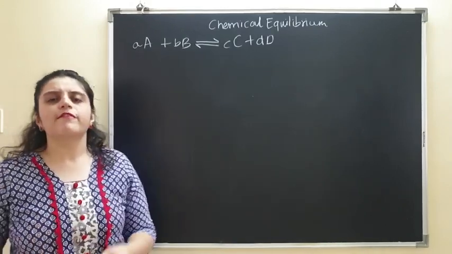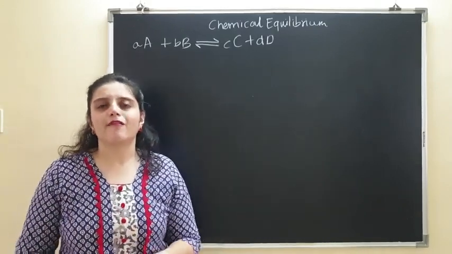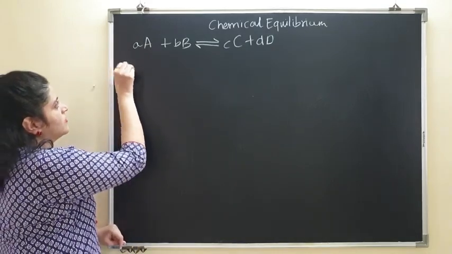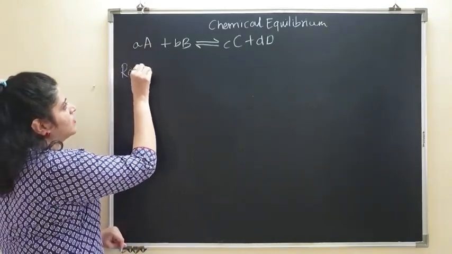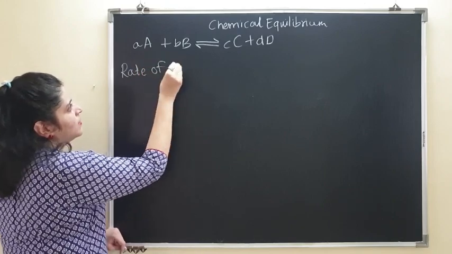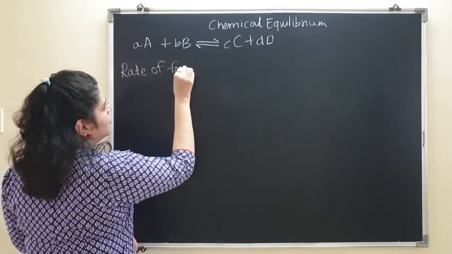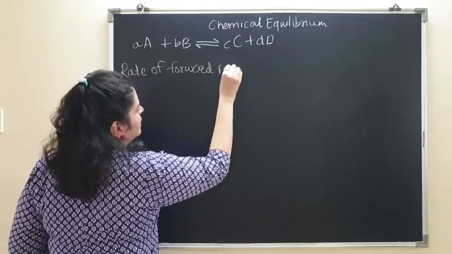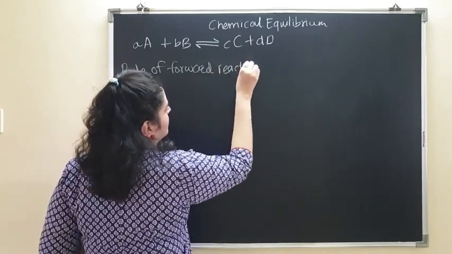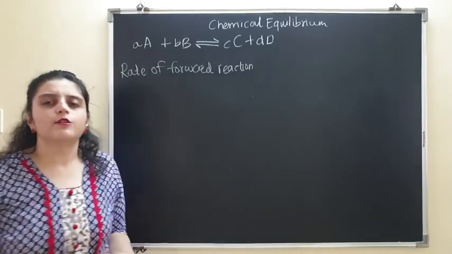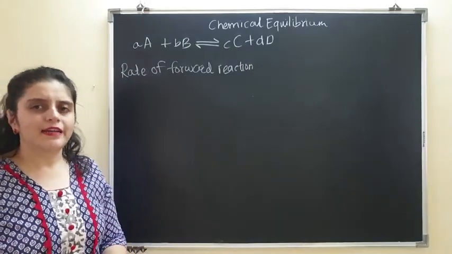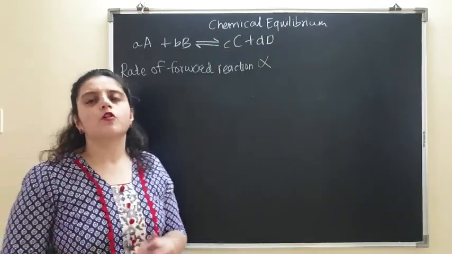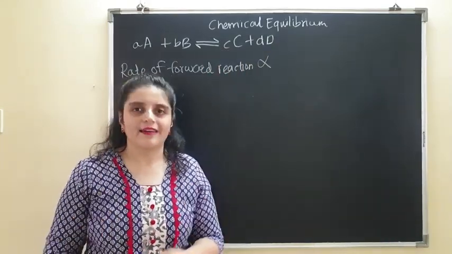Now if we want to write down the rate of the forward reaction and the rate of the reverse reaction, according to the law of mass action, the rate of the forward reaction is directly proportional to the concentration of the reactants.